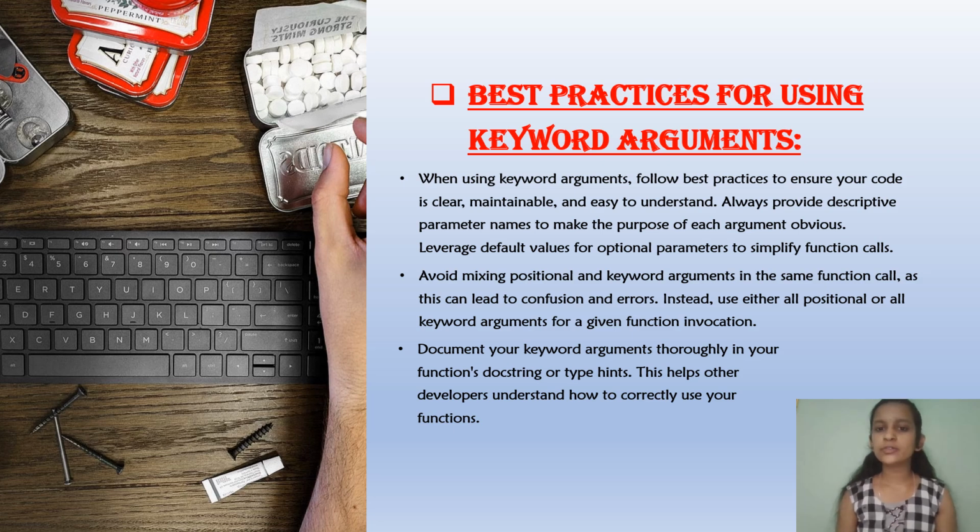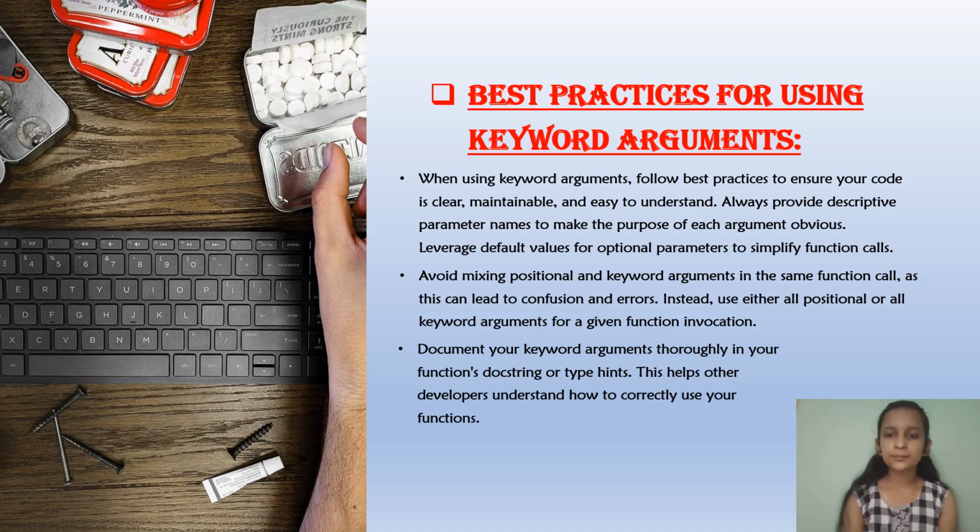Best practices for using keyword arguments. When using keyword arguments, follow best practices to ensure your code is clear, maintainable, and easy to understand. Always provide descriptive parameter names to make the purpose of each argument obvious. Leverage default values for optional parameters to simplify the function calls.